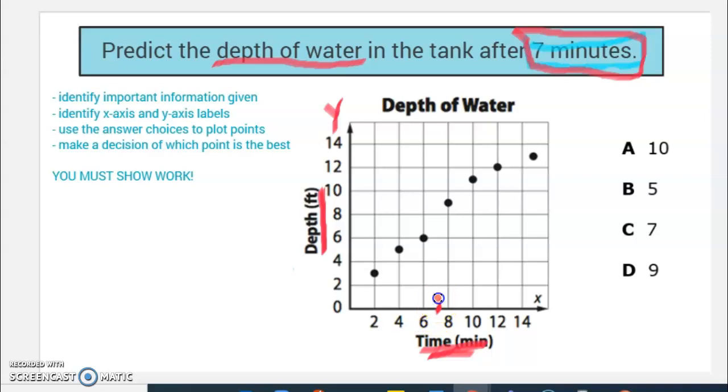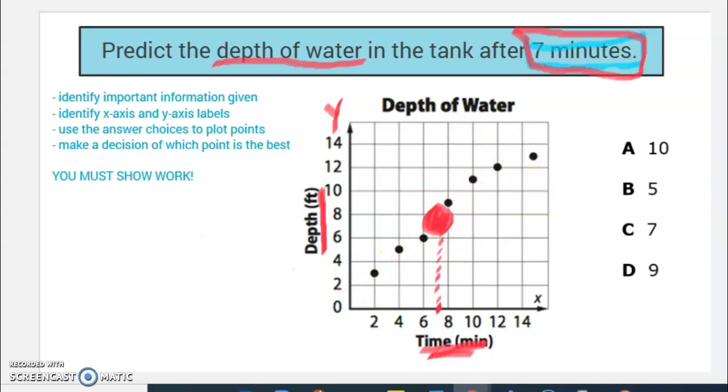Then I'm going to draw a dotted line up to my information. I like to put a big circle or color it in, to say this is where my depth in feet should be landing, somewhere in this area because it's in the middle of my data points.